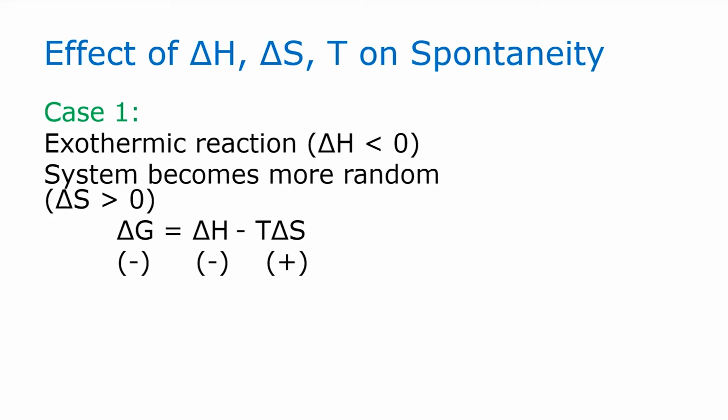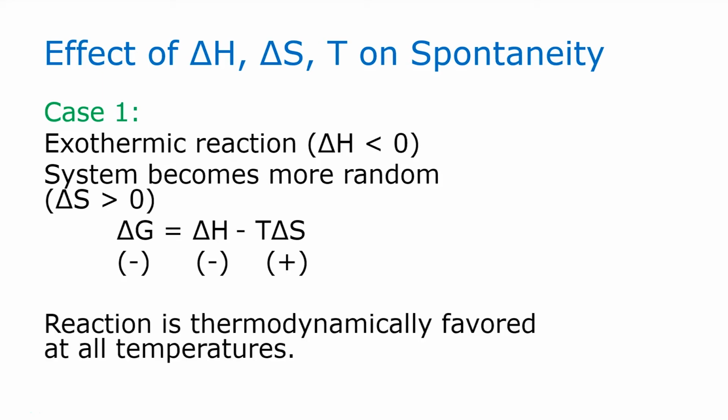Relating back to the equation, delta G equals delta H minus T delta S. Now, if delta H is negative and delta S is positive, the overall delta G will be negative. That means the reaction is thermodynamically favorable at all temperatures.